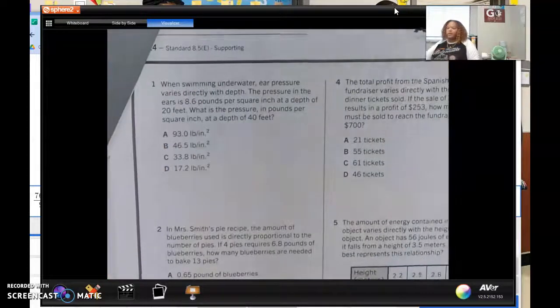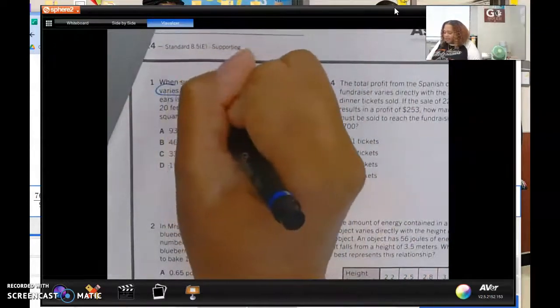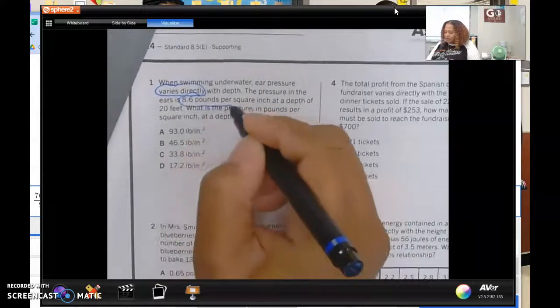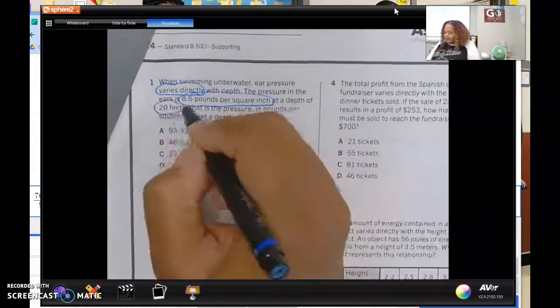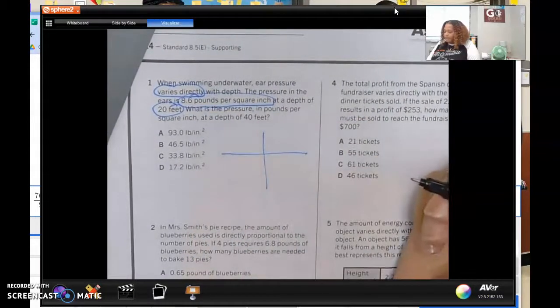Number 1, when swimming underwater, ear pressure varies directly with depth. Varies directly means I need a proportion. The pressure in the ears is 8.6 pounds per square inch at a depth of 20 feet. What is the pressure at a depth of 40 feet?